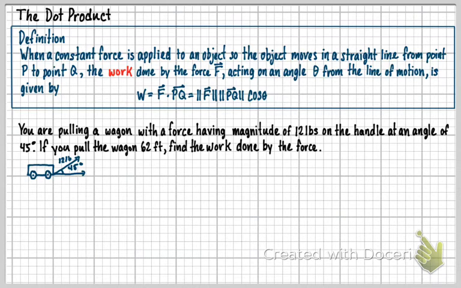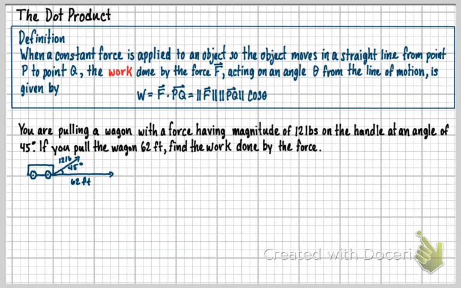So that's what we're looking at here, and we're going to pull this wagon, and I'm going to use this bottom vector for that. So I'm going to take this one away, and I'm going to make it longer because we're going to go 62 feet. What we're going to do is find out how to calculate this, and we're going to use this formula above.